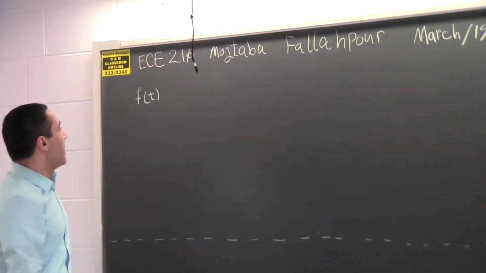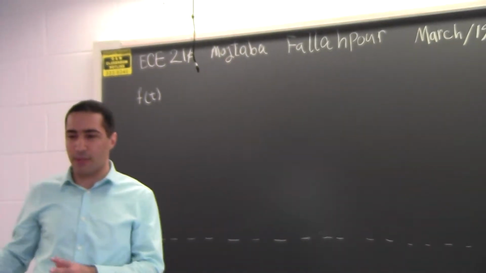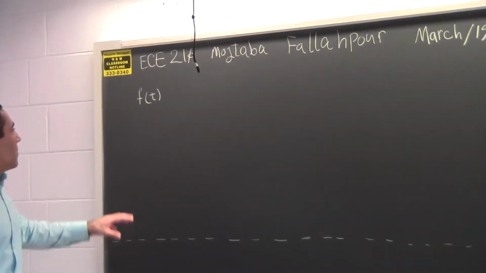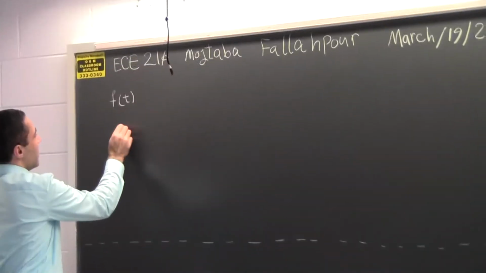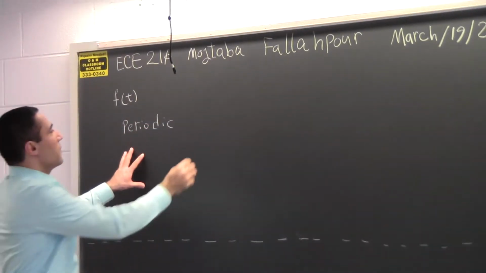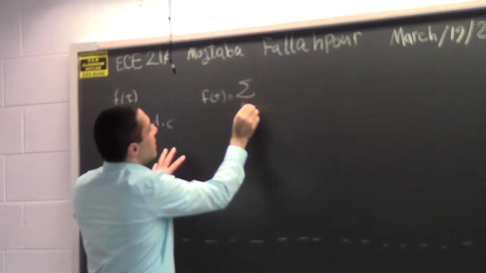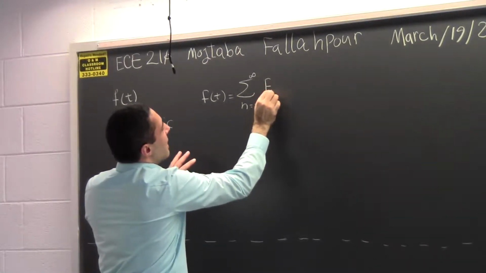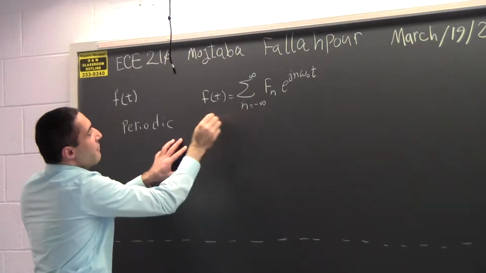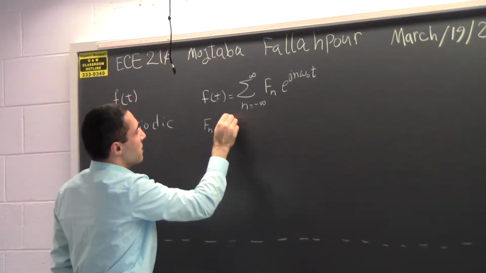Let's continue. We learned yesterday that the Fourier concept can be applied to not only periodic signals but aperiodic signals. So if f(t) is periodic, then we know that we can decompose or write f(t) in a series, and F_n was called the Fourier series coefficient.